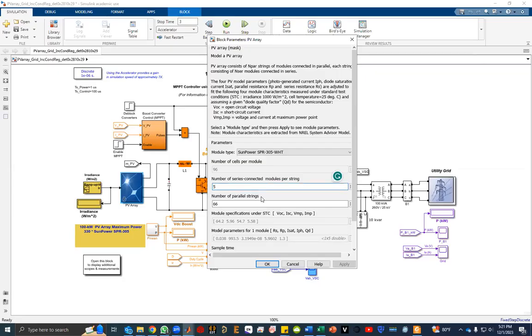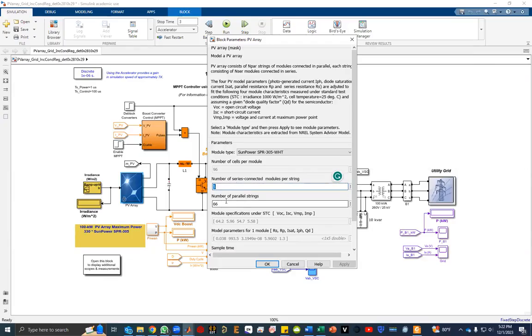We want a balance, so that's why we need to increase the voltage by connecting modules in series. And after those connections, these identical 5 series connected modules, we have 66 of these series strings in parallel.